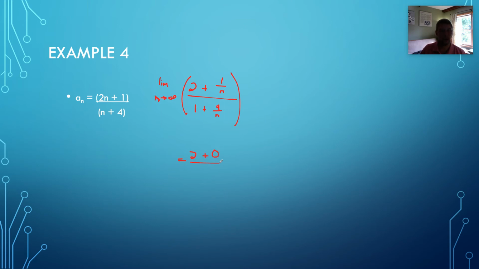The limit of 1 is 1. And the limit of 4 over n is 0 again. And so the limit in this case is 2 over 1, or simply 2. So the limit as n approaches infinity of a sub n is equal to 2. All right, let's try the same thing with the next one.